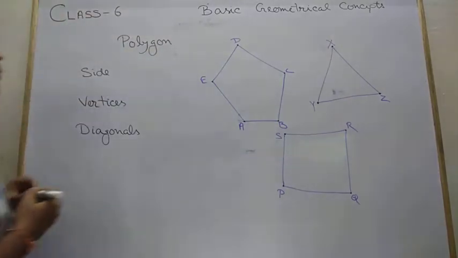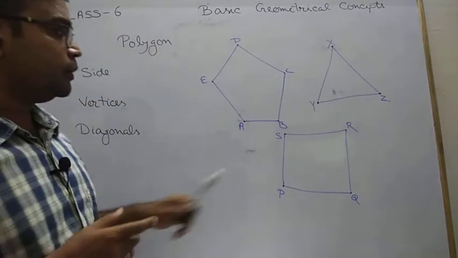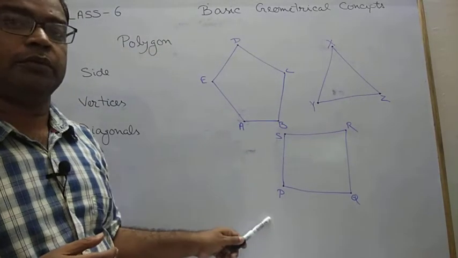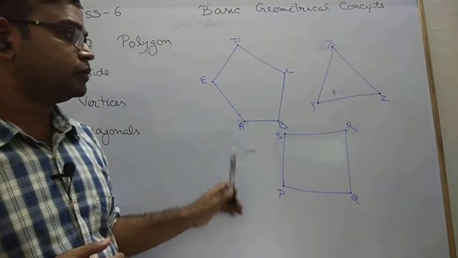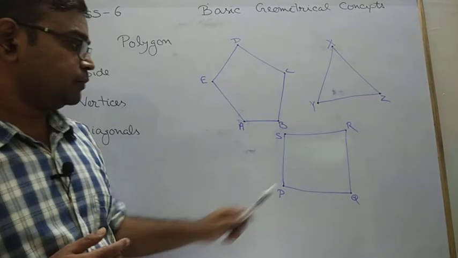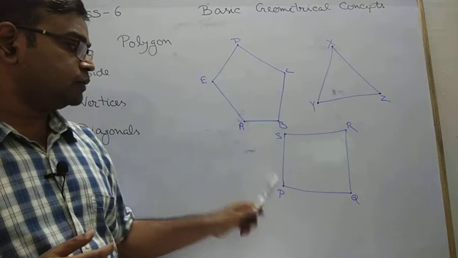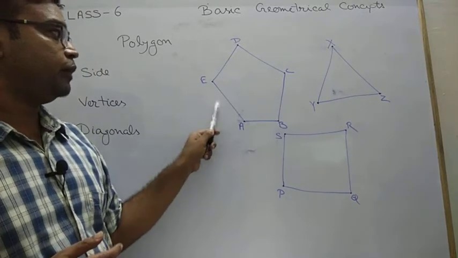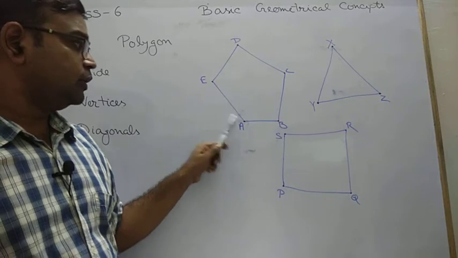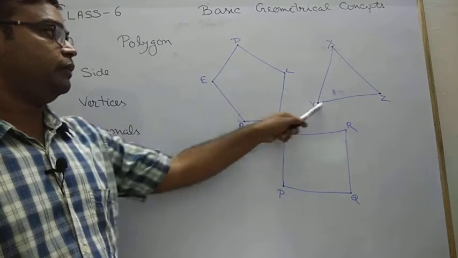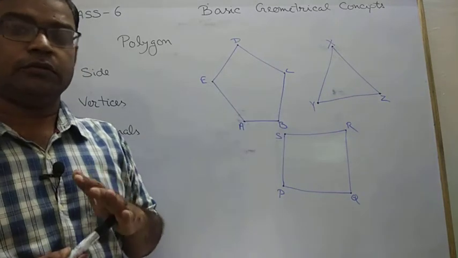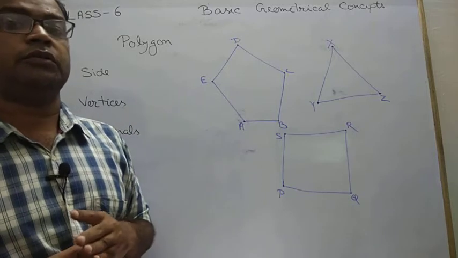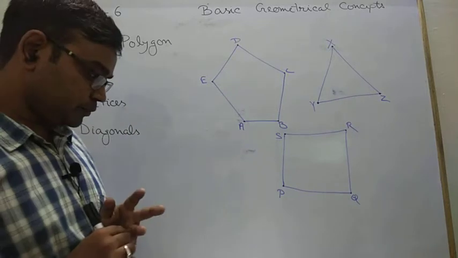Clear? See, the number of vertices is equal to the number of sides in a polygon. 1 2 3 4 sides, 1 2 3 4 points; 1 2 3 4 5 sides, 1 2 3 4 5 points; likewise 3. So in a polygon the number of sides is always equal to the number of vertices.